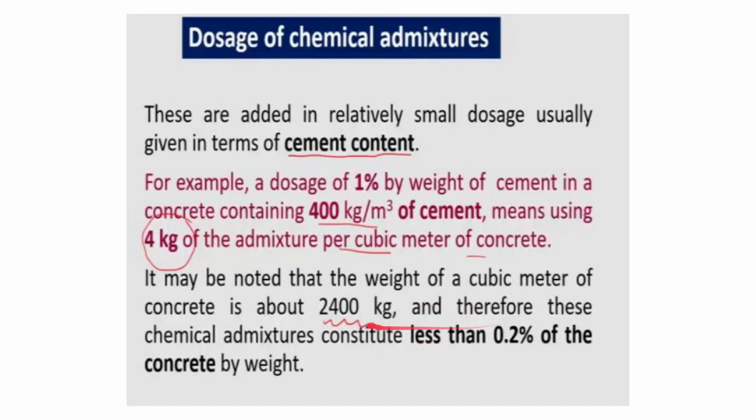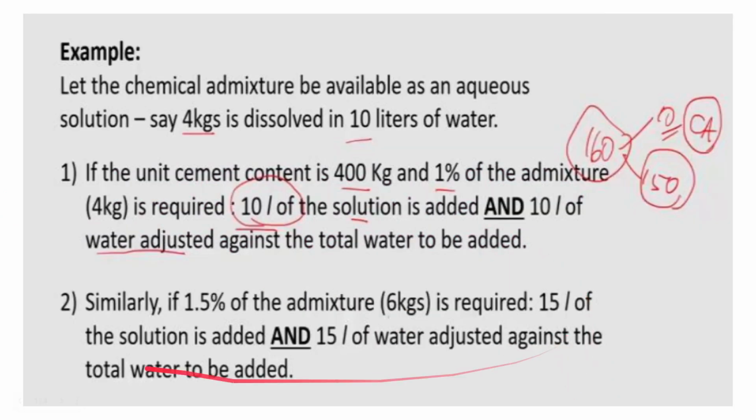If we consider the unit weight per cubic meter of concrete as 2400 kg, and compare 4 kg with 2400 kg, we find that 4 kg is even lesser than 0.2% of the weight of concrete. So that is the concentration: very less, even lesser than 0.2%.